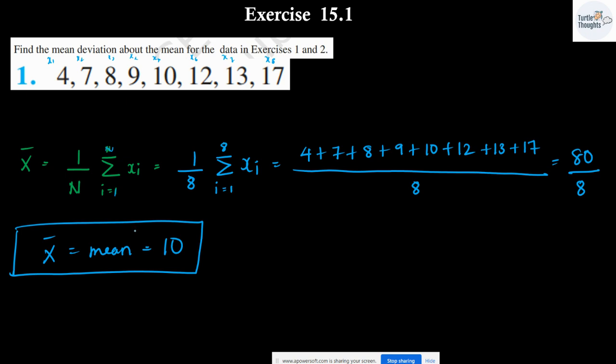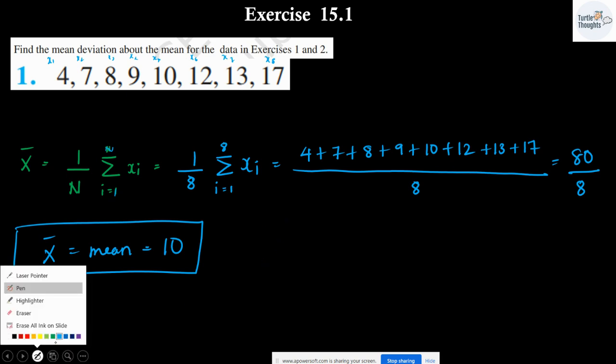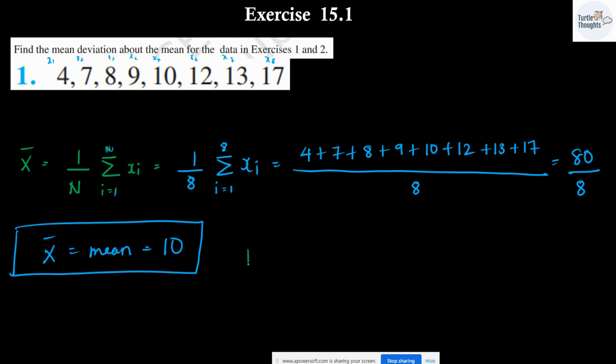Now we need to find out the mean deviation. Mean deviation is given by the formula: summation of i equal to 1 till n of the modulus of xi minus x bar.